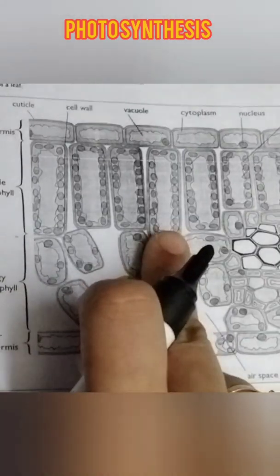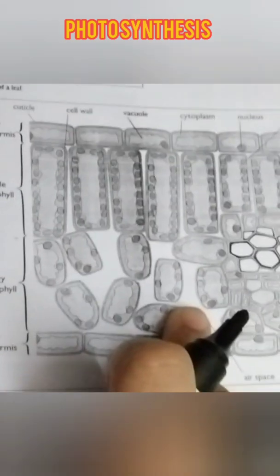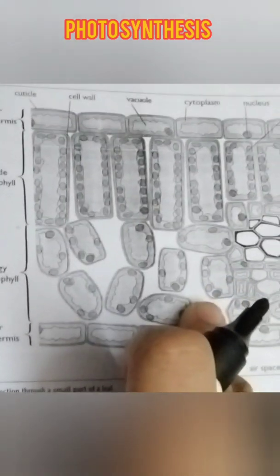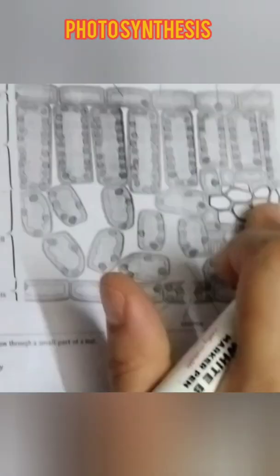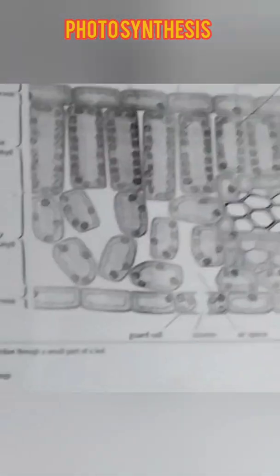It moves from here to this cell because it is a diffusion process. Similarly, water. As we know, water we get from the roots. From roots to the leaves, xylem carries the water. From xylem to the cells, the water is moved by the process of osmosis.